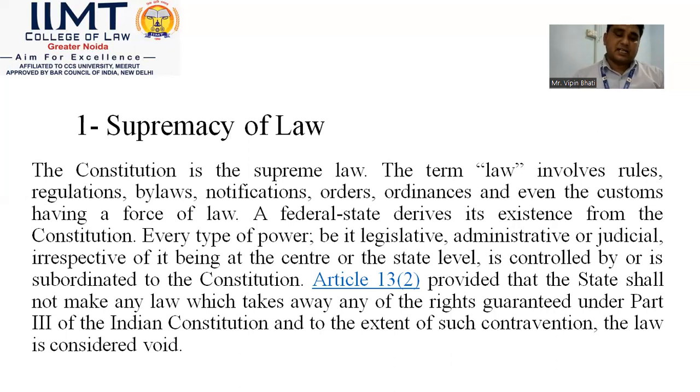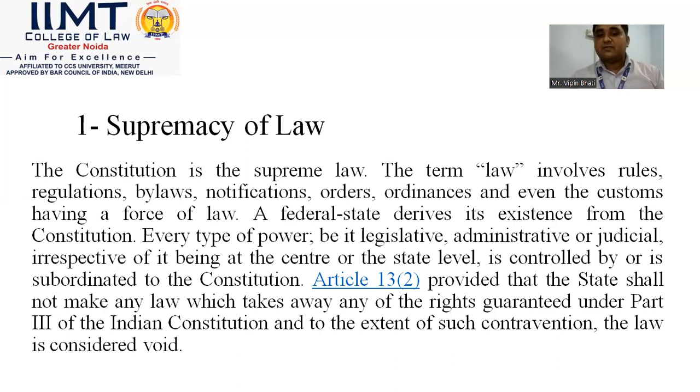यदि कोई सरकार ऐसा कोई लॉ बनाती है, ऐसा कोई भी रूल्स बनाती है, ऐसा कोई भी नोटिफिकेशन ऑर्डर्स, whichever is included in the laws, so this law is considered void. वो law क्या माना जाएगा? Void. Now the question comes to what extent it is to be void.